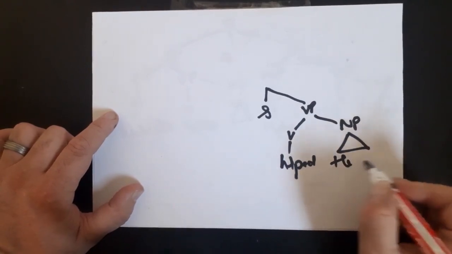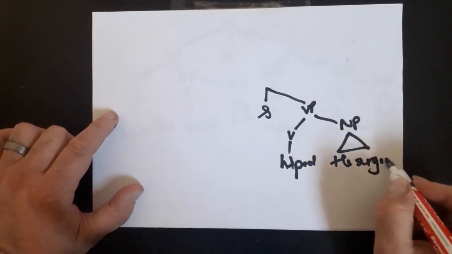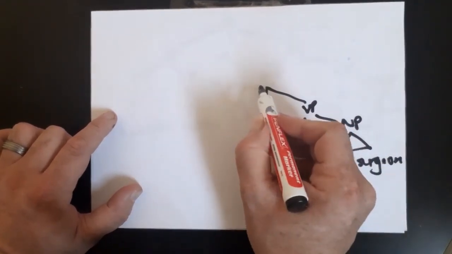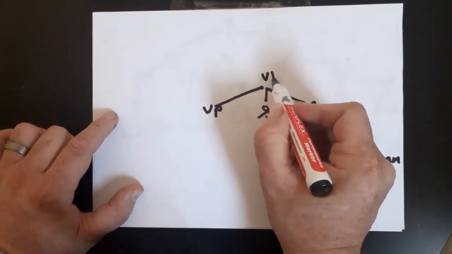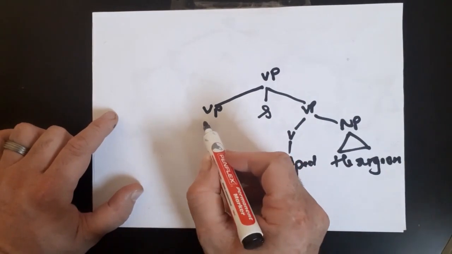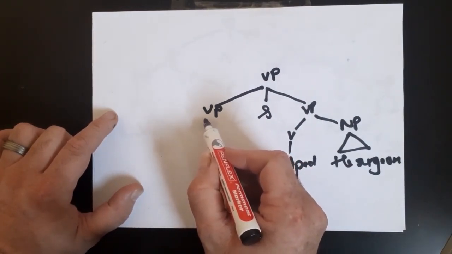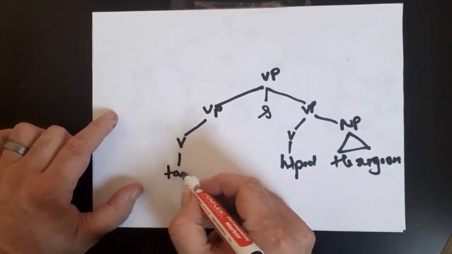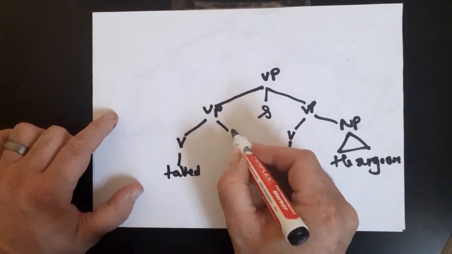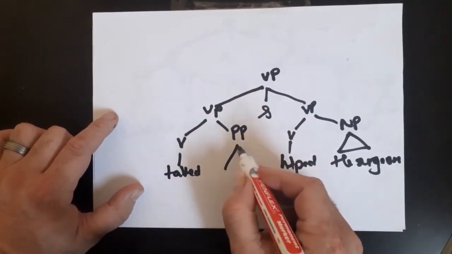If we look at the coordinator, the second conjunct on the right-hand side of the coordinator is help the surgeon. There's a verb and a noun phrase. This should give a clue that what we're dealing with here is a verb phrase. So then if we were to draw that out, our coordination would be a verb phrase. The second conjunct would be a verb phrase headed by the verb helped.